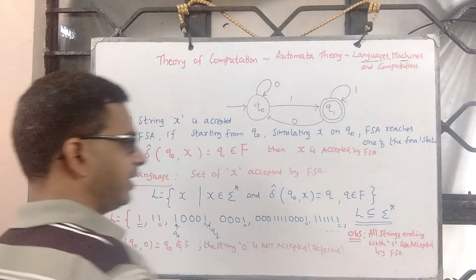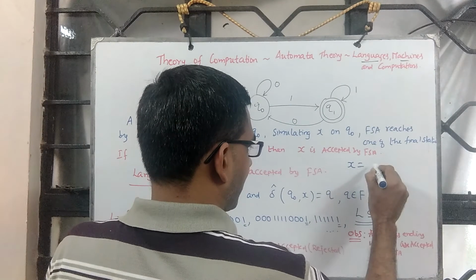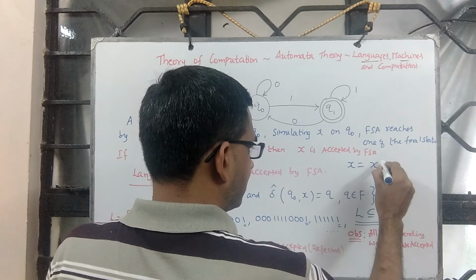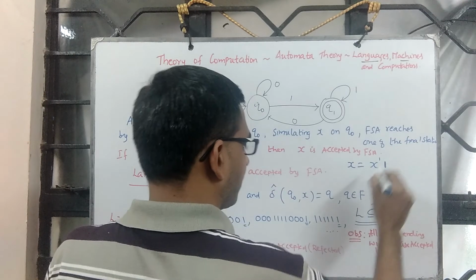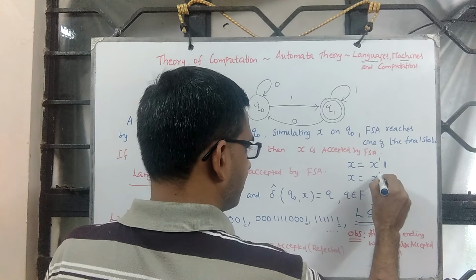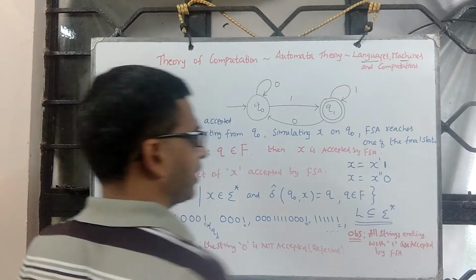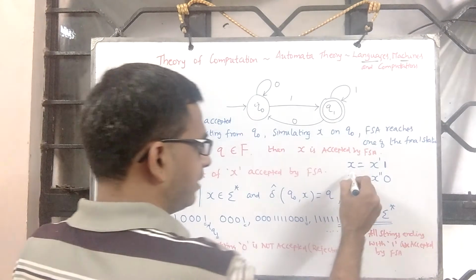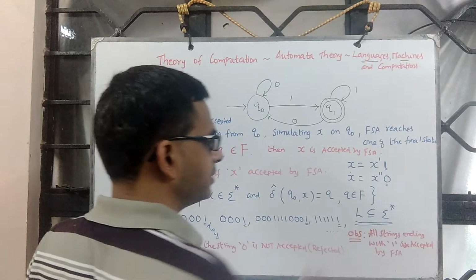So what are we saying? You look at a string x and you write this as x prime followed by 1, or as something else followed by 0. Any string will either end with 1 or end with 0.